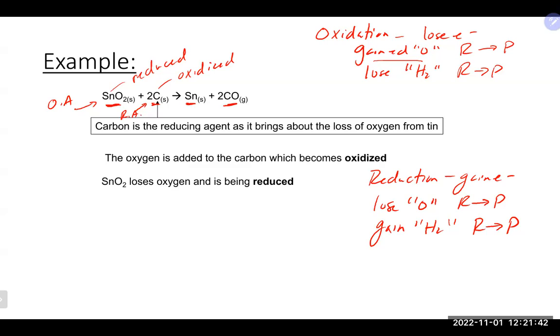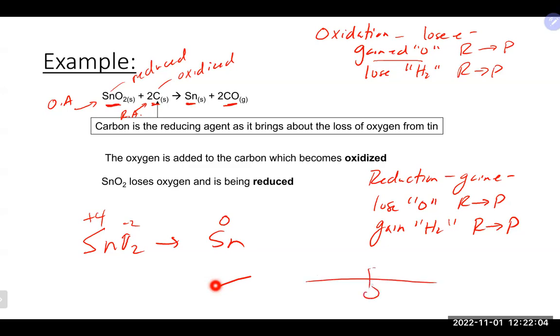In this particular case, you could have figured it out even without the oxygen and the hydrogen, because if we look just at the tin from one side to the next, this is -2, which means the tin here is +4. And the tin over here by itself is 0 in terms of its oxidation state.